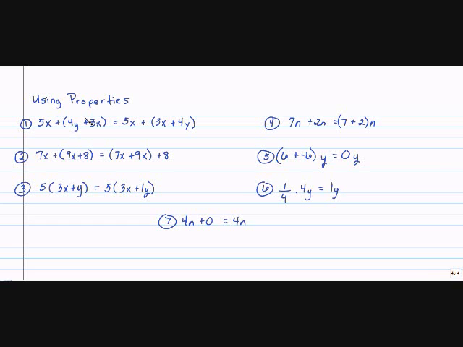Notice they associate, or solve, put parentheses around the 4y plus 3x, and over here, wait a second, they put the parentheses around the same ones, but what did they do to the 3x and 4y? They switched them.